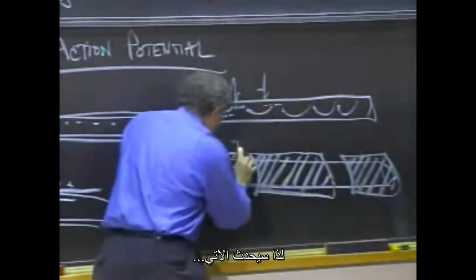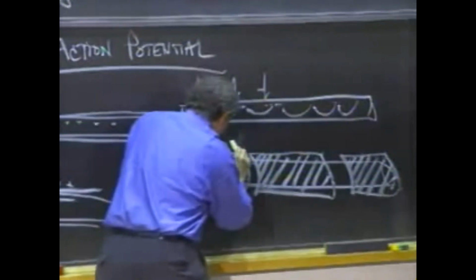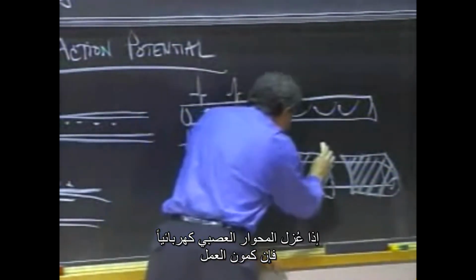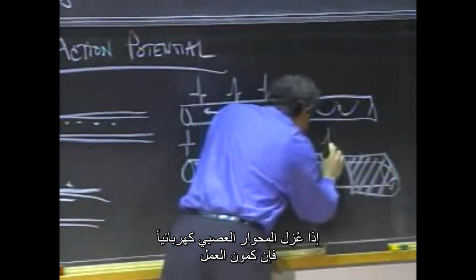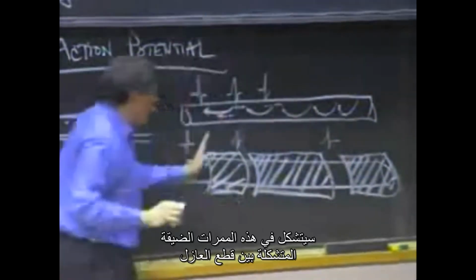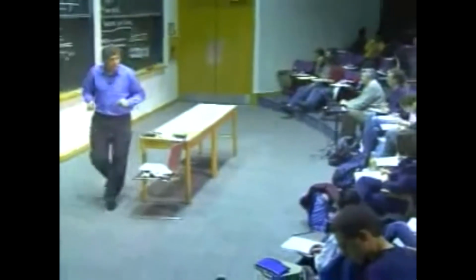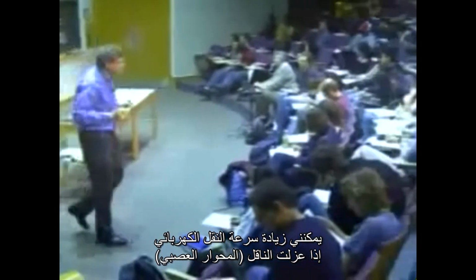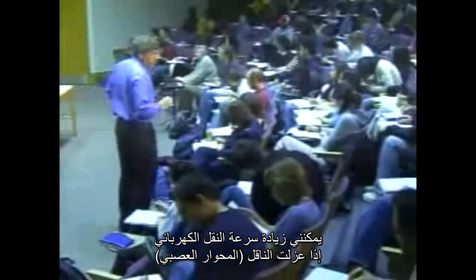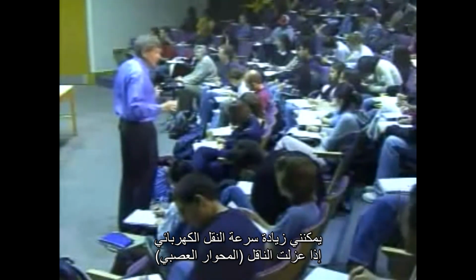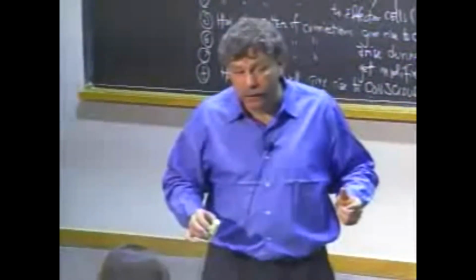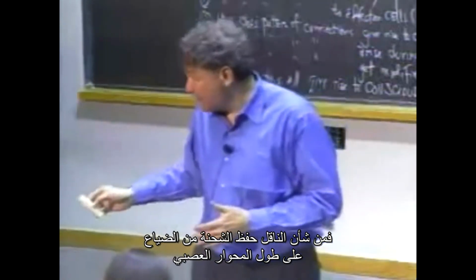And so the action potential, if this stuff is electrically insulated, will only be happening at these little gaps between the insulation. And I can dramatically speed up the electrical transmission if I'm willing to insulate the wire, because then there's much less leakage along the way.